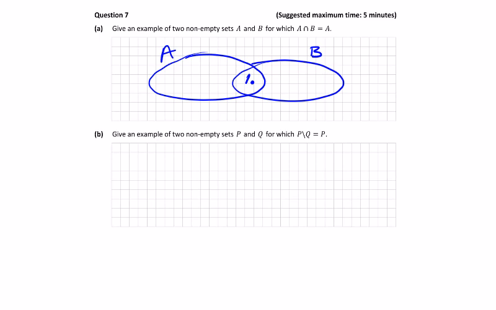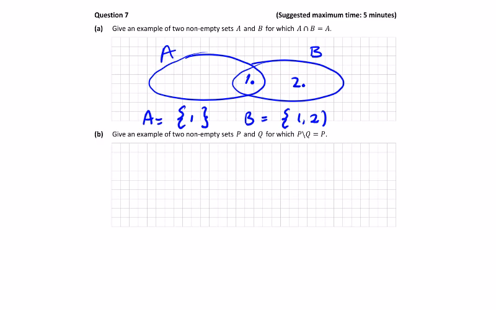So 1 is in the intersection, so the set A can just have that element in it, 1. And the set B has to have 1 in it. It could just be 1, but let's give it a 2 as well. So B could be 1 and 2. Therefore, A intersection B is equal to A.